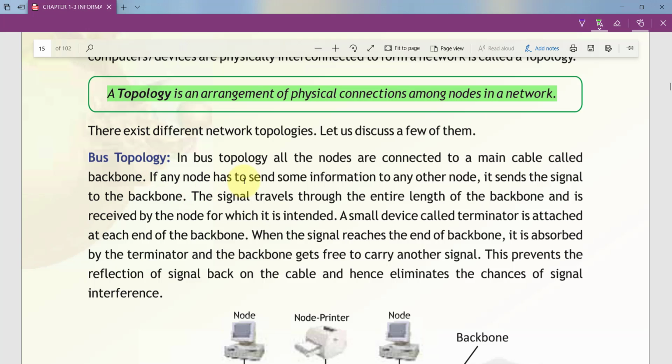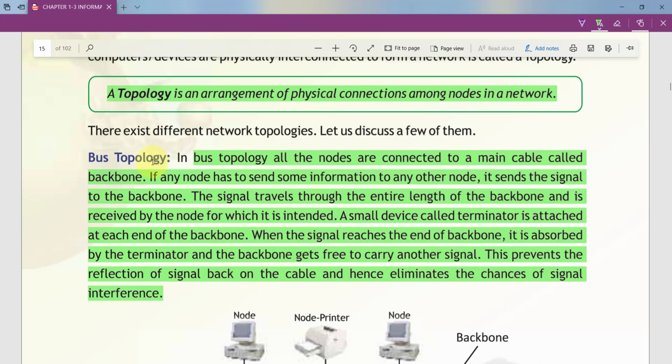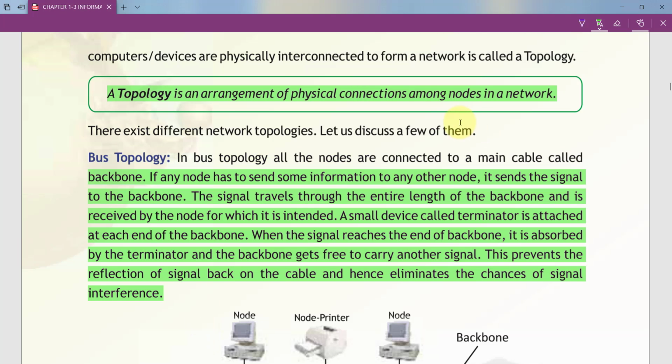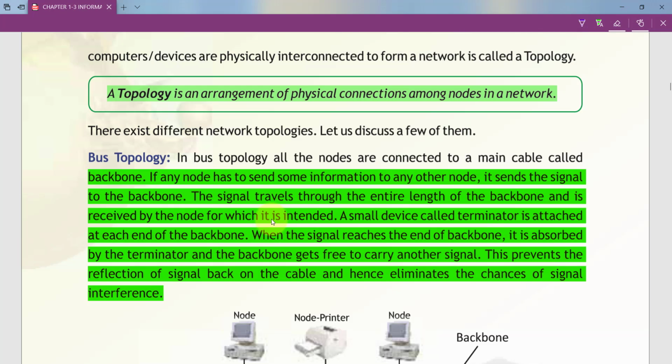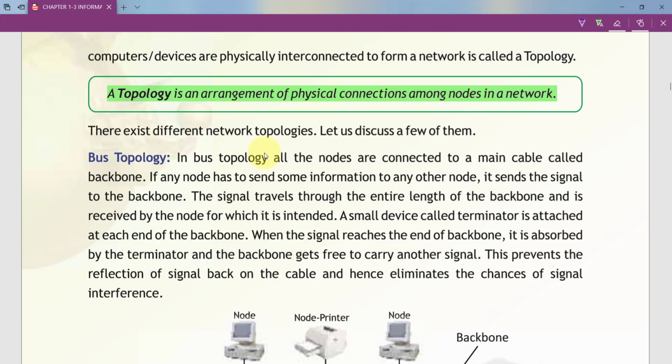If any node has to send some information to any other node, it sends the signal to the backbone. Clear? So you note this.